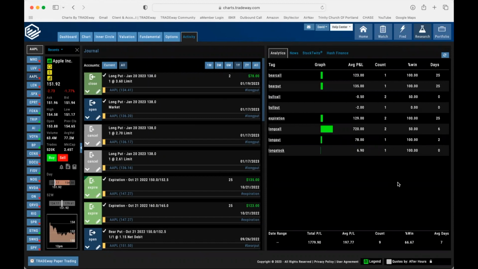Is this a ticker that I tend to trade well or not? In this case, Apple seems to be going pretty well for me because you can see the totals down here as well. In paper fake money, total profit of nearly $1,800, an average profit nearly $200, 9 total trades, winning 2/3 of them, so that's pretty decent, and an average of 7 days in each trade.